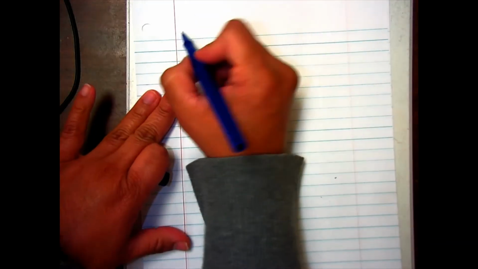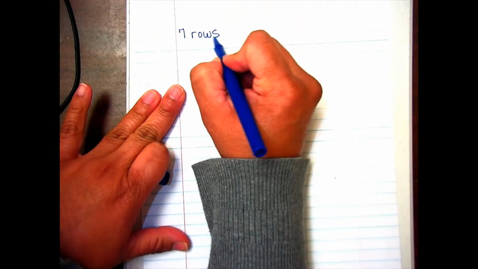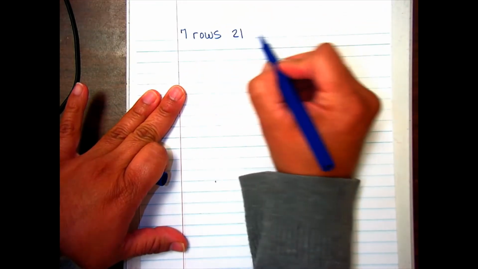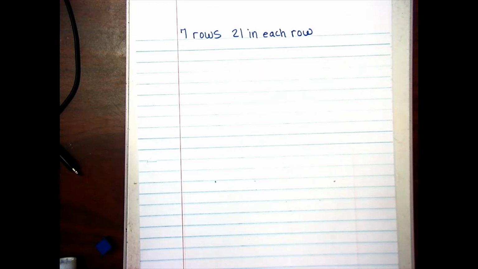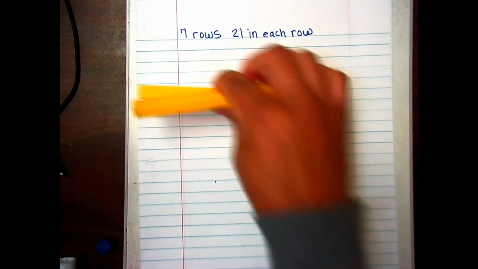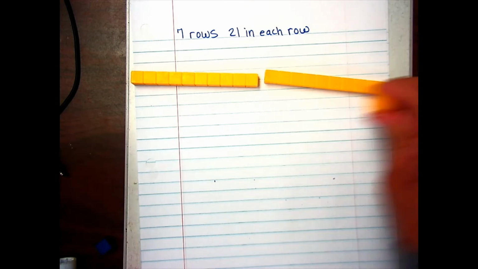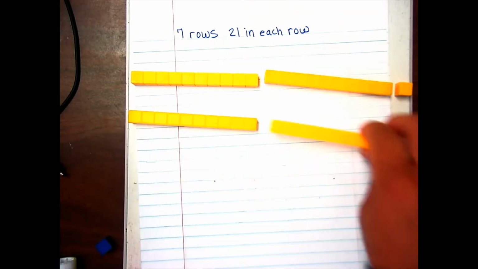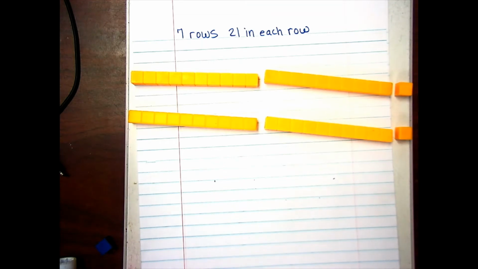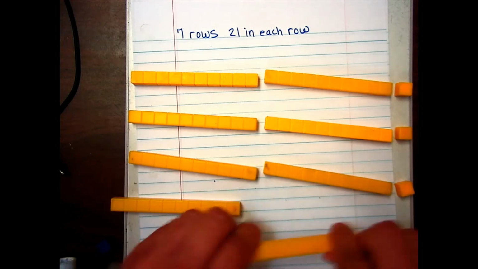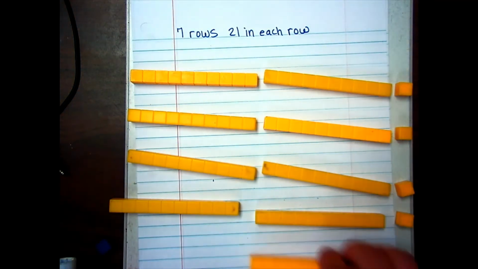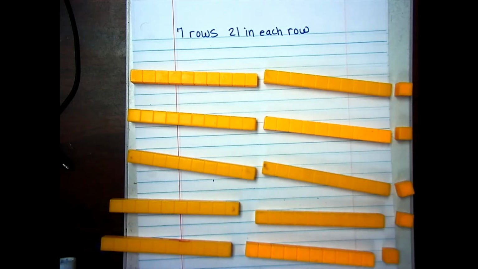Let's do 7 rows with 21 in each row. Okay, so let's do 10, 20, 1, that's 1 row, 2 rows, 3, 4, 5, 6, and 7.